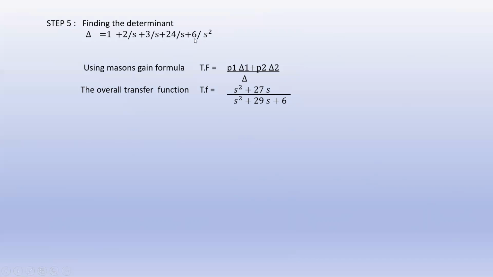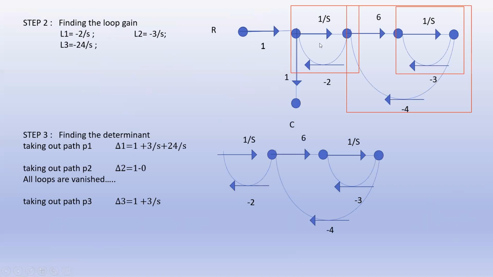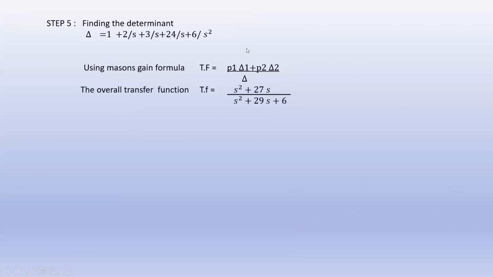And here we have one pair of two non-touching loops, that is this 2 by s and minus 2 by s and this minus 3 by s. If we take the product of these two loop gains and add them, we have 6 by s square.